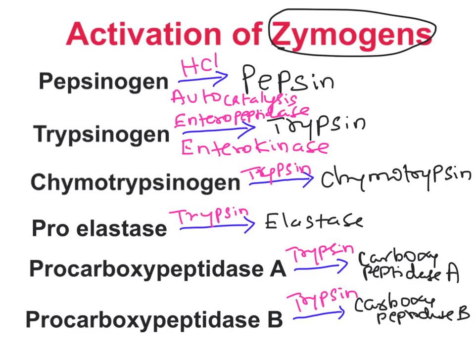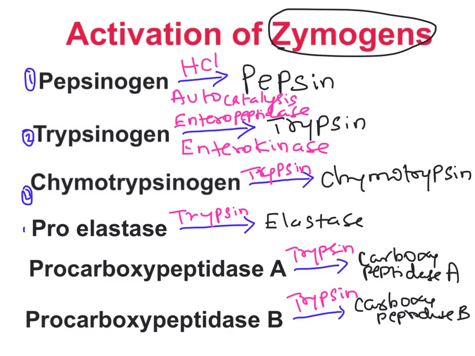Now let me quickly recap all the zymogen activations. Our first zymogen is pepsinogen, activated into pepsin by HCl, an enzyme present in the stomach. The second enzyme is trypsinogen, which is converted into trypsin by enterokinase or enteropeptidase, located over the brush border epithelium. The third enzyme is chymotrypsinogen, converted into chymotrypsin by trypsin itself.